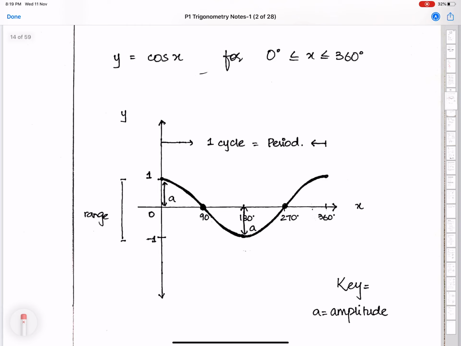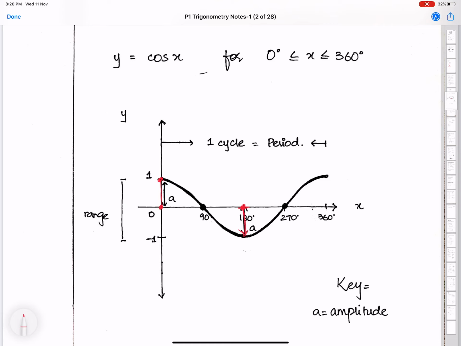And the amplitude is the distance from the axis of the curve to the maximum point or minimum point. This is the axis of the curve, and from this point to this minimum point, the distance is known as the amplitude. This is the amplitude, and this is also the amplitude.